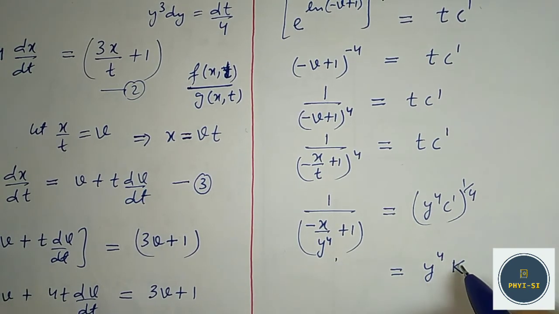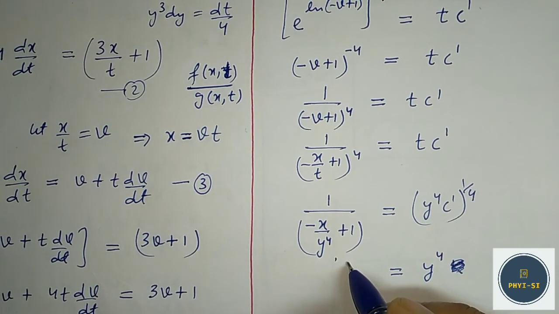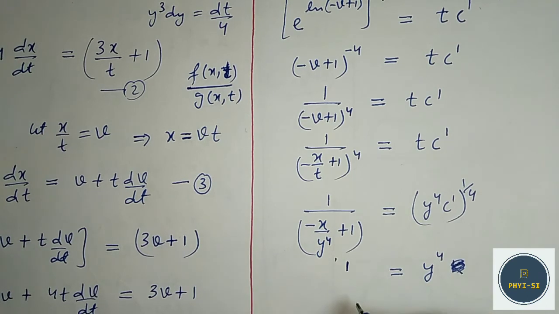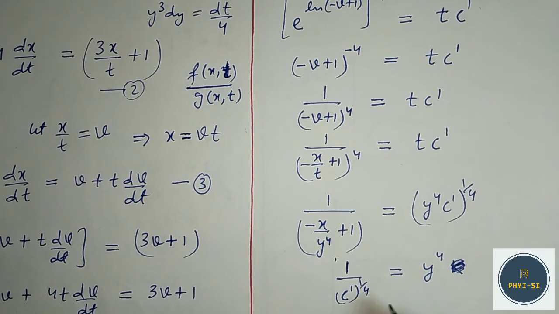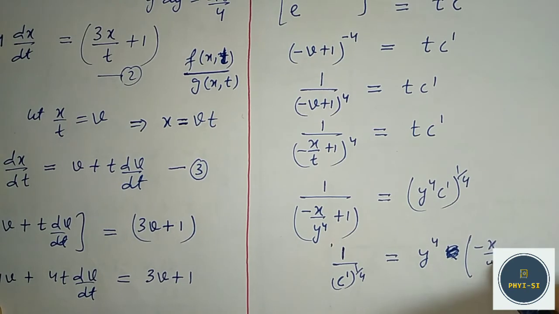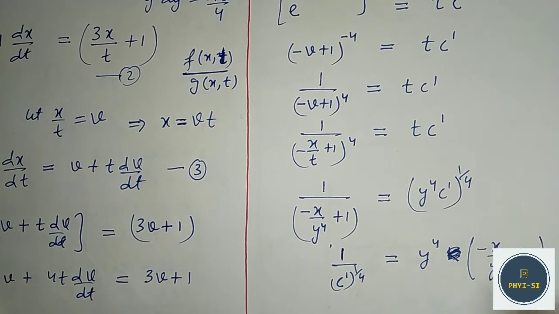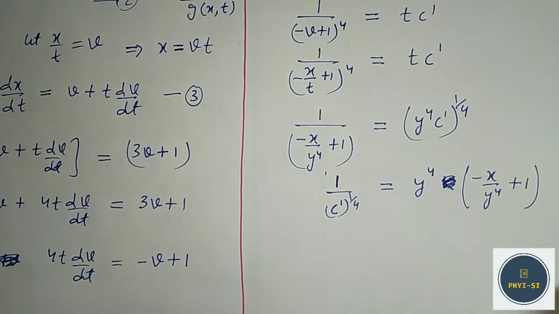Let us take c dash raised to power 1 by 4 on this side, and here I'll have x upon y raised to power 4 plus 1 just by cross multiplication.